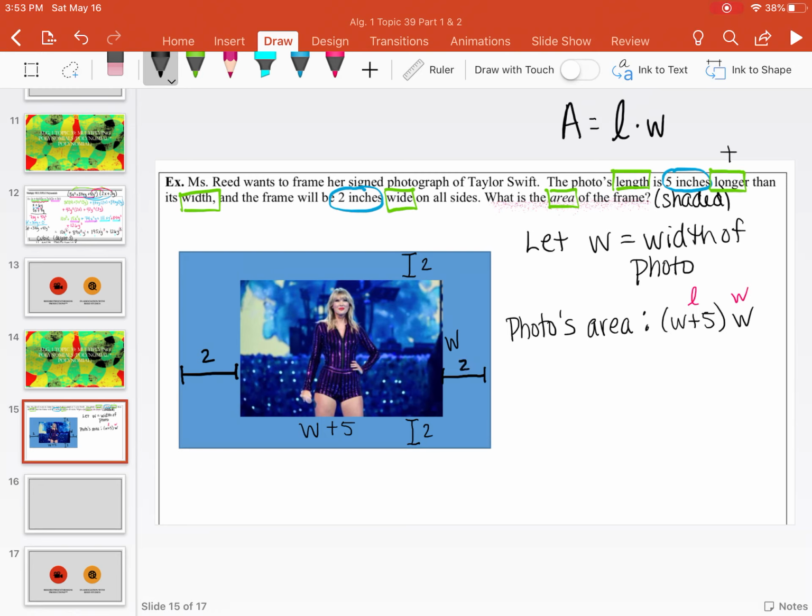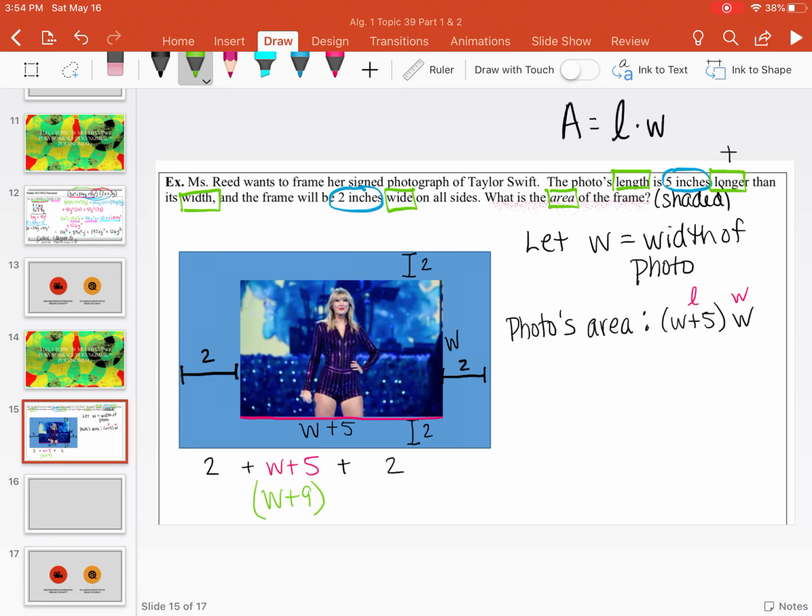So if we want the dimension of the entire frame, we have 2 plus, now we know this distance here is W plus 5, and then on the right-hand side, we also have another 2 inches. Now, if we combine our like terms, this is the same thing as 2 plus W plus 5 plus 2, which is W plus 9.